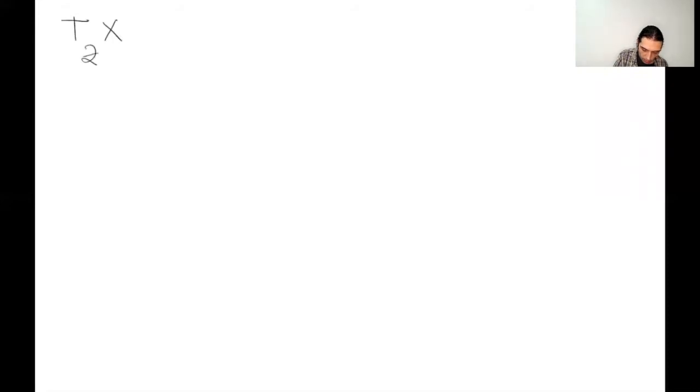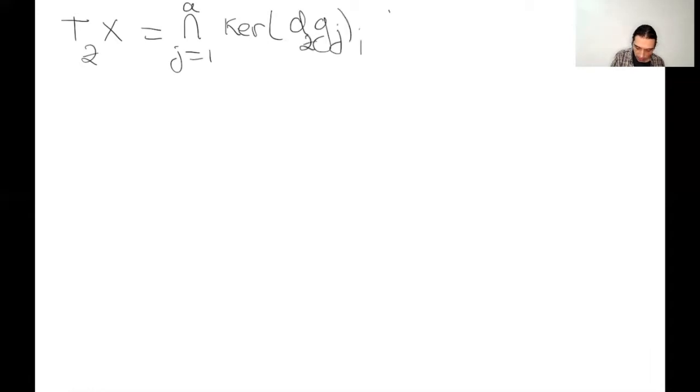So here we write that the tangent space of X at the point C is this intersection of kernels of d G_j at the point C, and the tangent space of Y at the point C can be written in a similar way, as the intersection of the kernels of the differential of H_k at the point C.